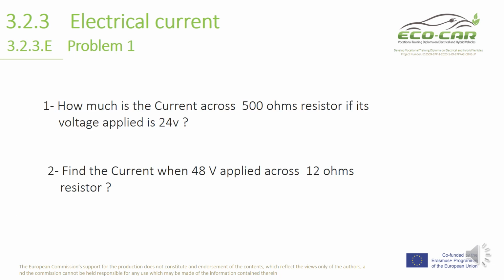Problems about electrical current. Number one, how much is the current across a 500 ohm resistor if the applied voltage is 24 volts? Question two, find the current when the applied voltage equals 48 volts across a 12 ohm resistor. So you can do it as homework at home.